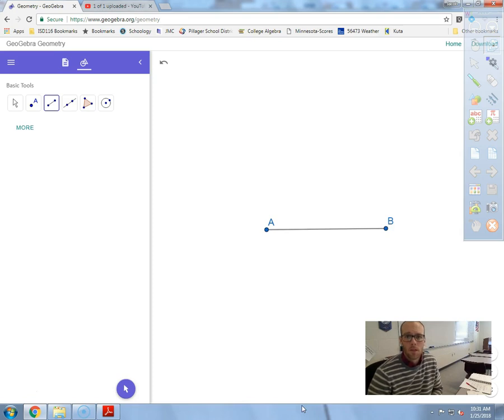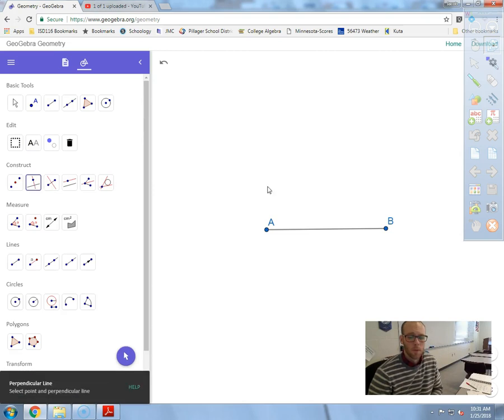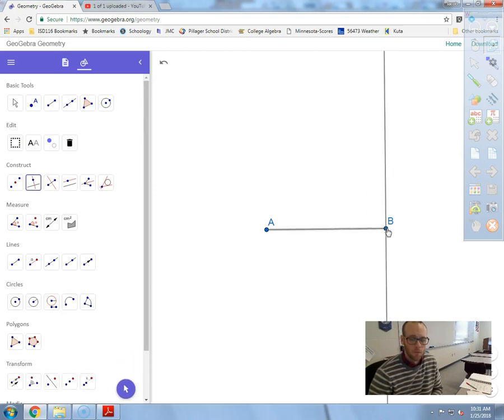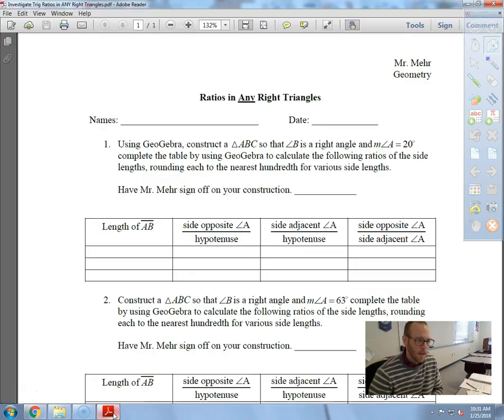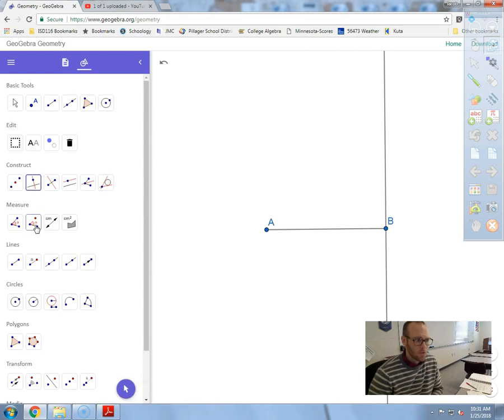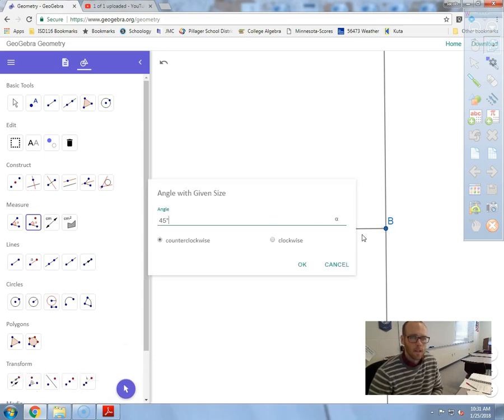Now I need this to be a right triangle with a right angle at B. So I'm going to use my perpendicular line tool and make my right angle there. Now next, I need A to have a 20-degree angle. So I'm going to go to angle with a given size. I'll click B, then A, and this is where I would type in my 20 degrees.